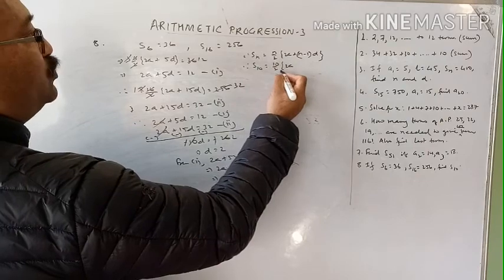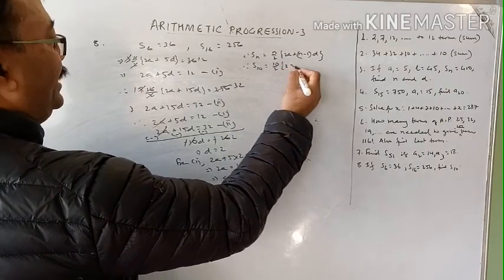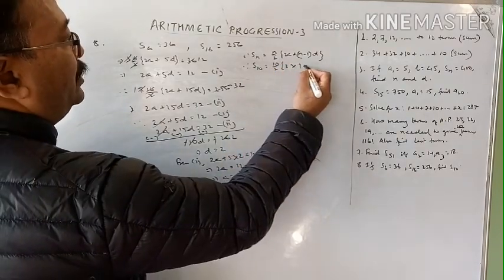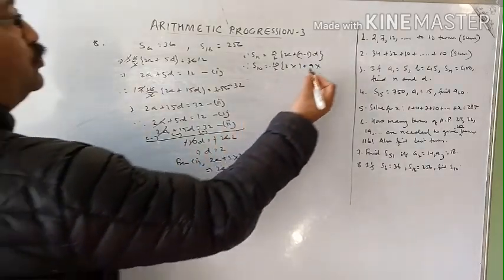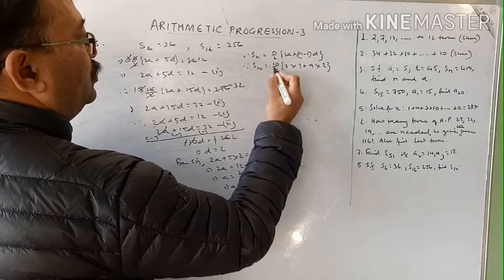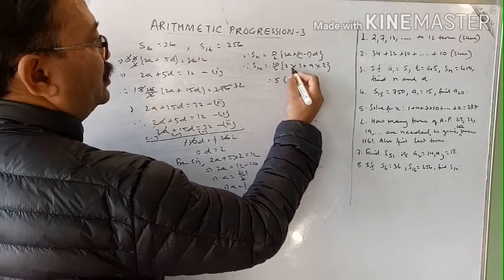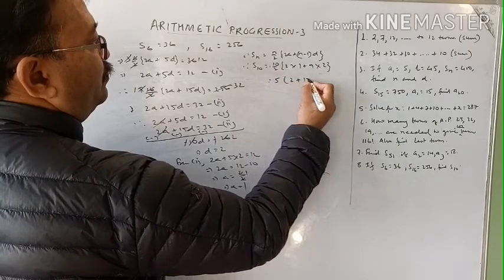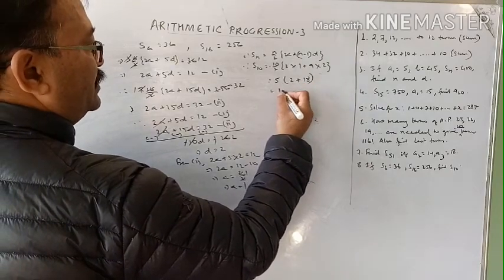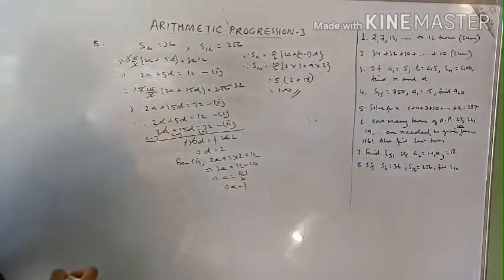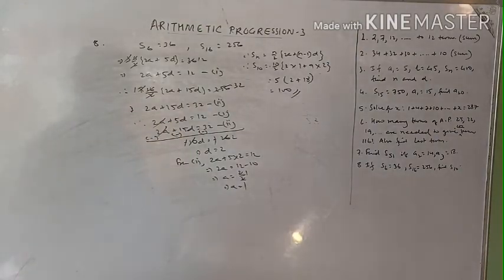So S10 is 10 by 2, 2 into a, how much we got? 1, plus n is 10, so it is 9, into d, how much we got? d equal to 2. So this is 5, so this will be 2 and 9 times 2 is 18. So 18 plus 2, 20, 20 into 5, it is 100. So that is the answer.